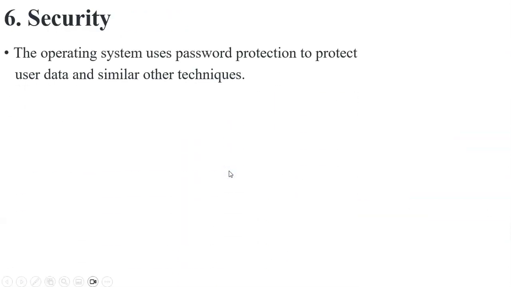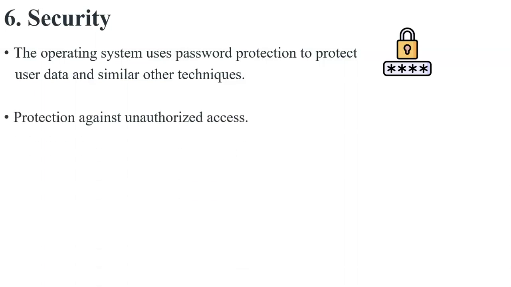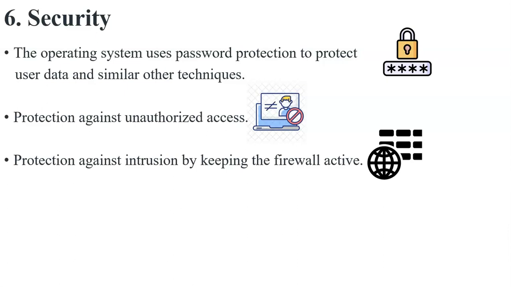Then followed by error detection comes security. So the operating system uses password protection to protect the user data and similar other techniques. So a file can also be password protected. We can give a password to a particular file as well. Then protection against unauthorized access, that is also one of the primary functions. Then protection against intrusion by keeping the firewall active.